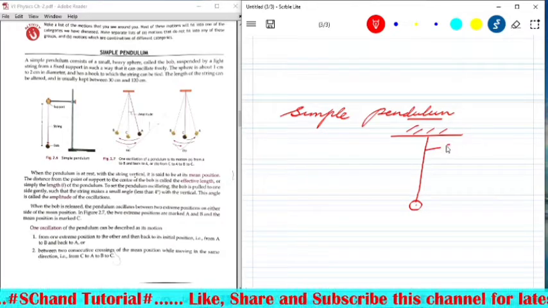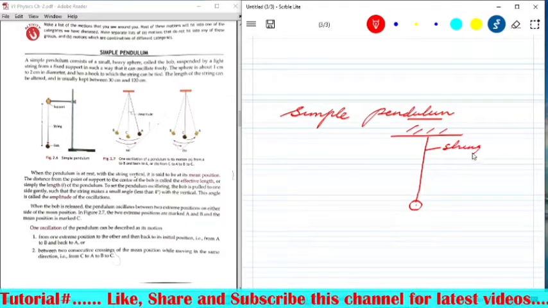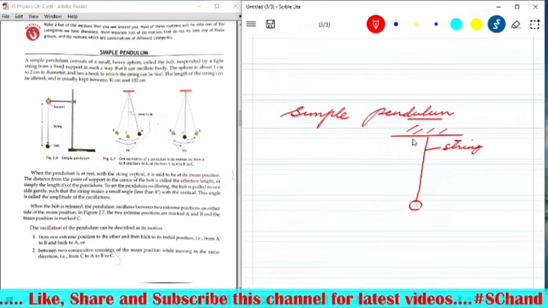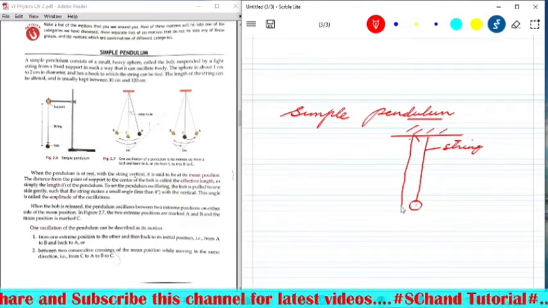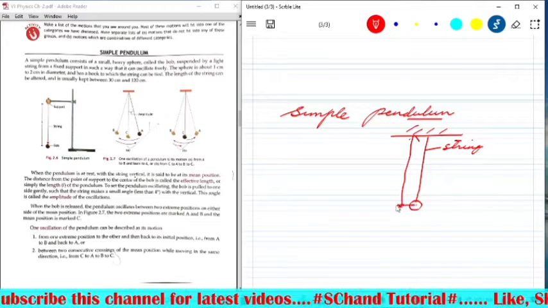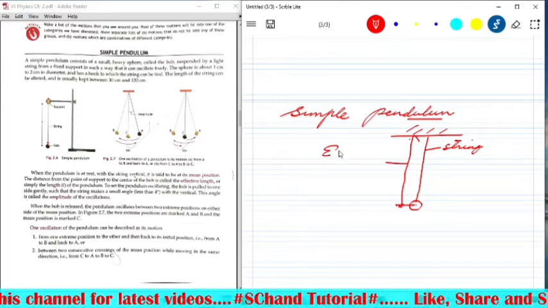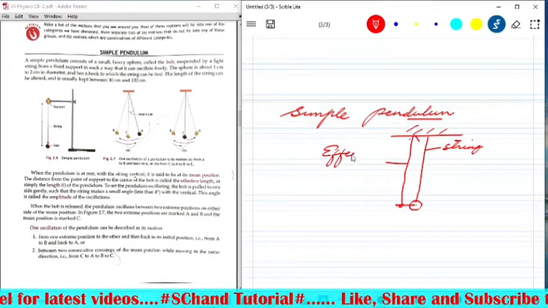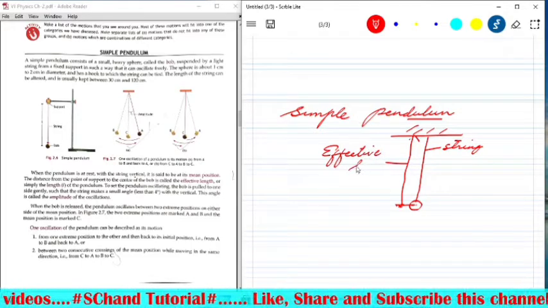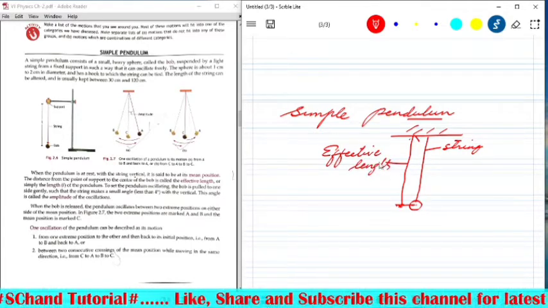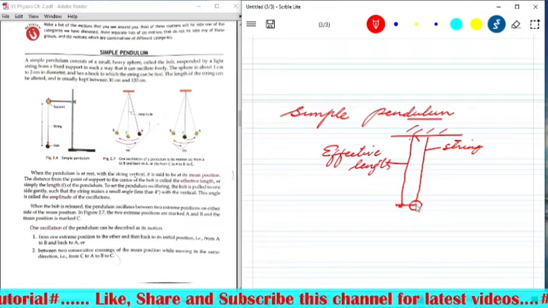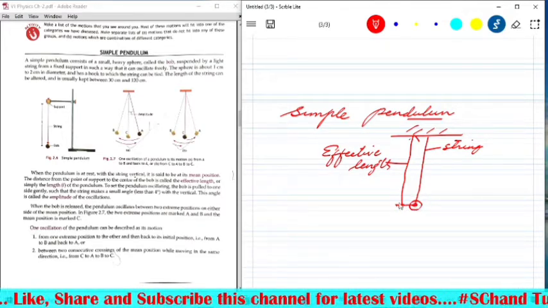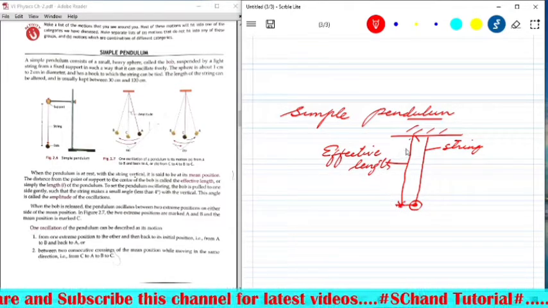From the fixed point to the center of gravity of this metallic bob, that distance is called the effective length of this pendulum.